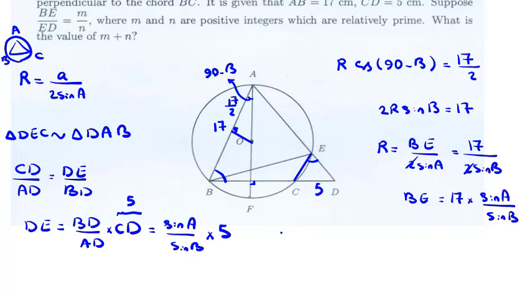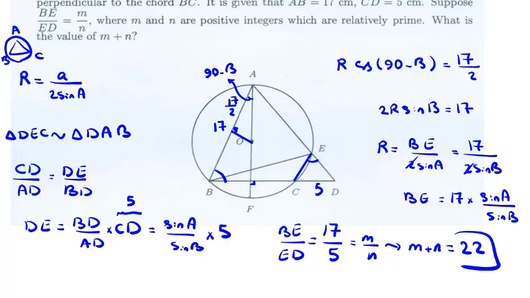So if you want to know BE over ED, both of them have sine A over sine B, you can get rid of that. It will be 17 over 5. And it is M over N, and they are relatively prime. M is 17, N is 5. So M plus N equals 17 plus 5, which equals 22. So the answer equals 22.